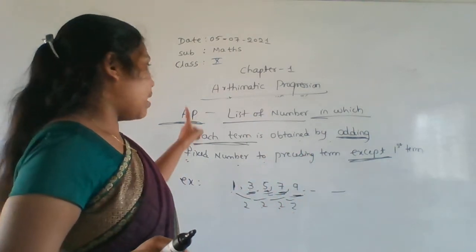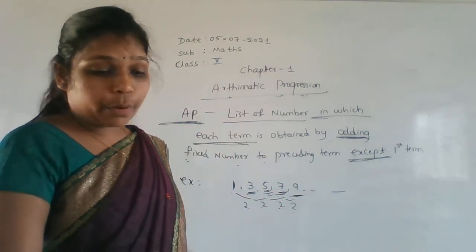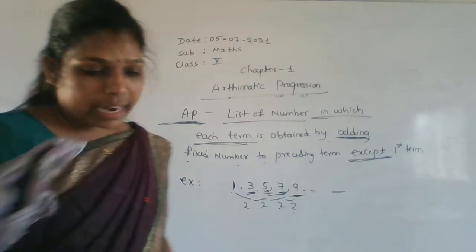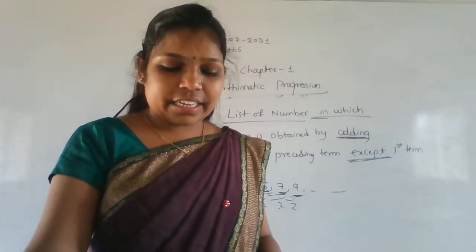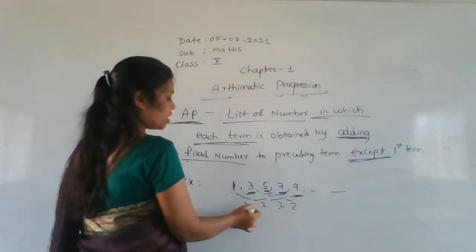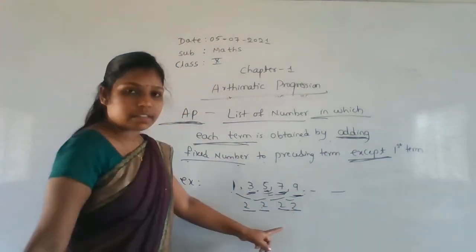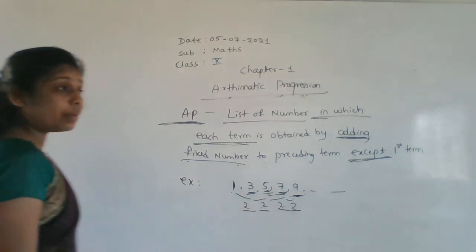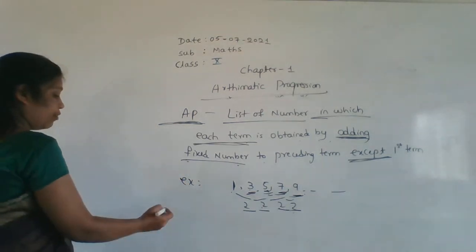So this is called the arithmetic progression. Now, here the fixed number is 2, right? So that fixed number is called the common difference here.